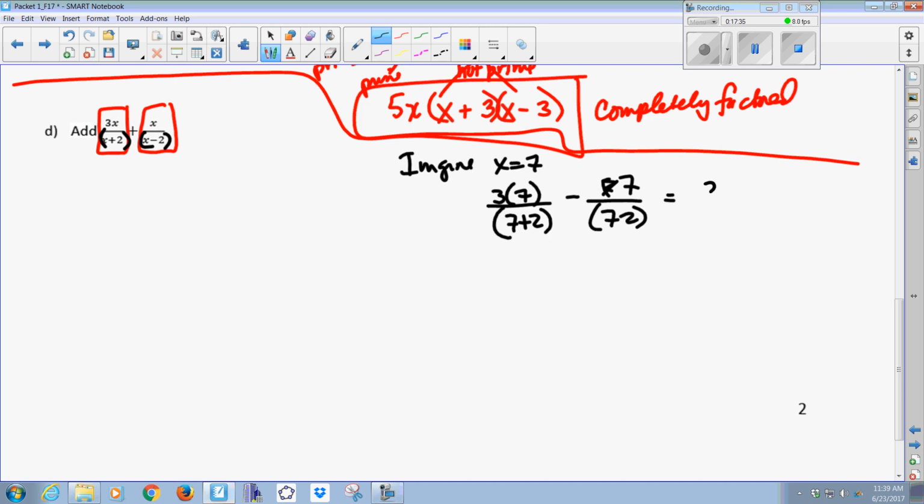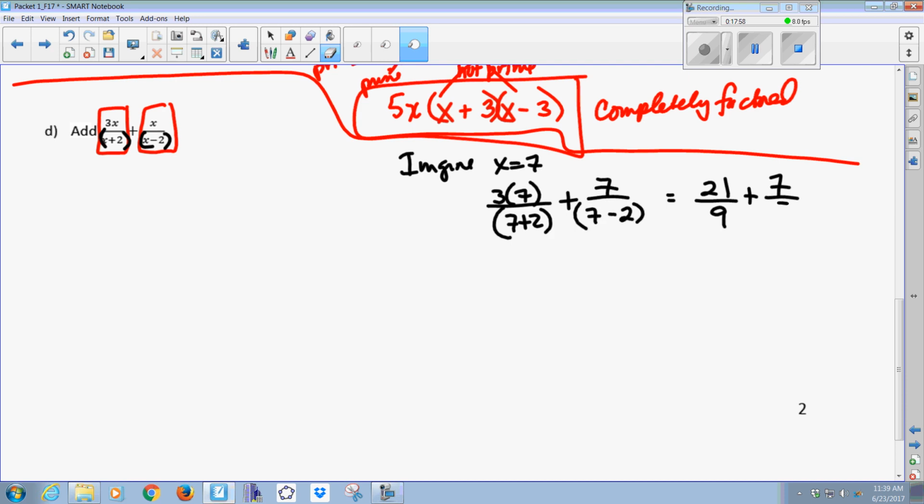So this would be the same as 21 over 9 plus 7 over 5. Let me make this a little clearer.